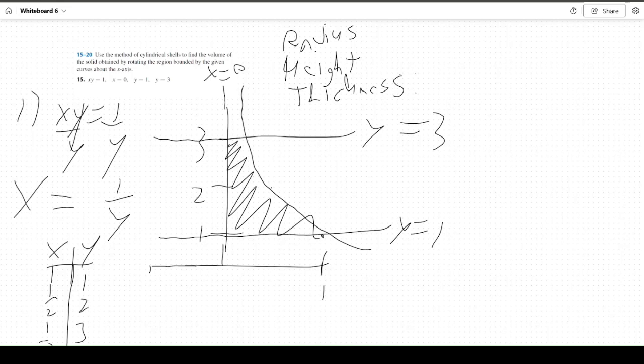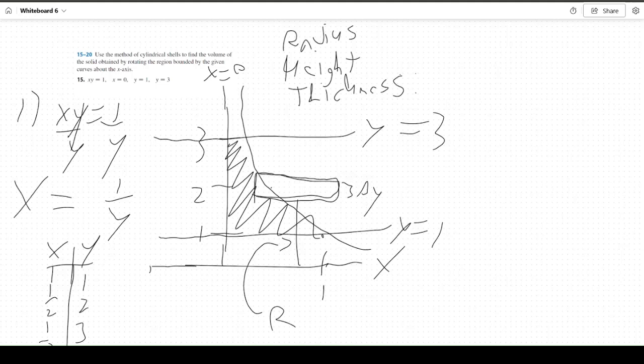So what does that mean? We have to do the rectangle, but in this position because it's in the direction of the x-axis. So this is parallel to the x-axis direction. So a radius would be from the x-axis to the little rectangle. So this is our radius right here, and this is our thickness.